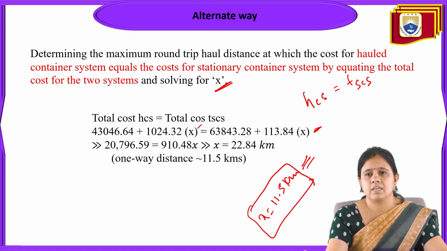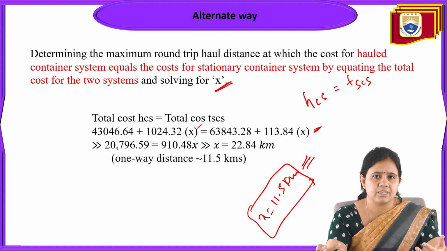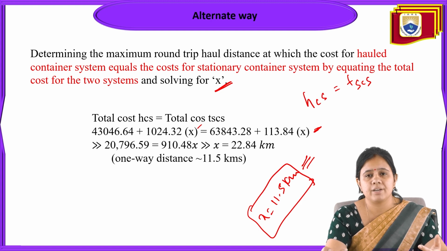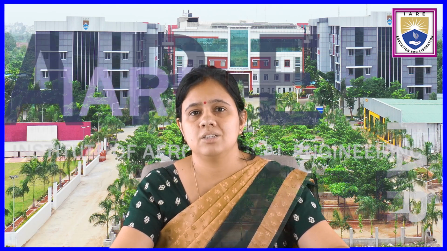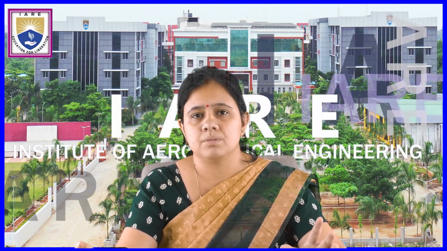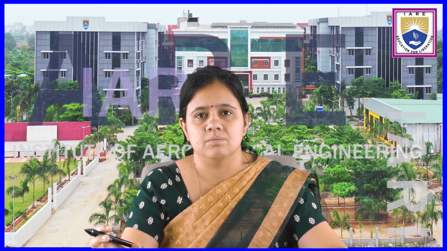In this lecture I have discussed both comparison methods for both systems, the haul container system and the stationary collection system, the amount and time required, and the cost. On the basis of cost effectiveness, we find which method will be best. We have also solved one problem statement related to this collection system.